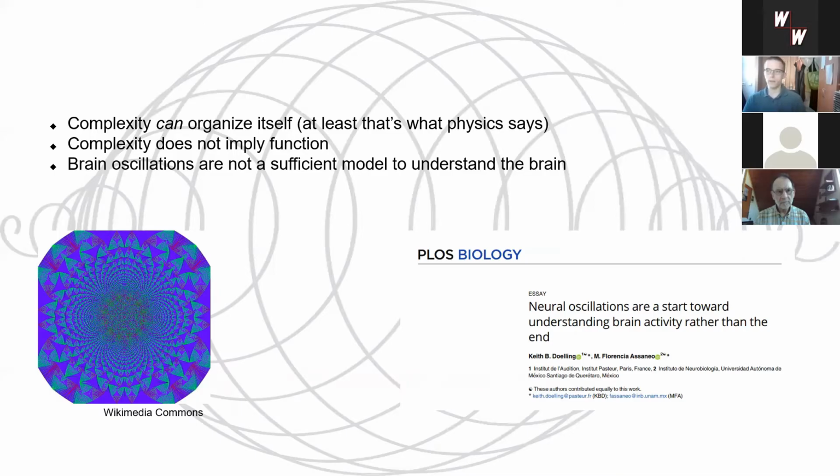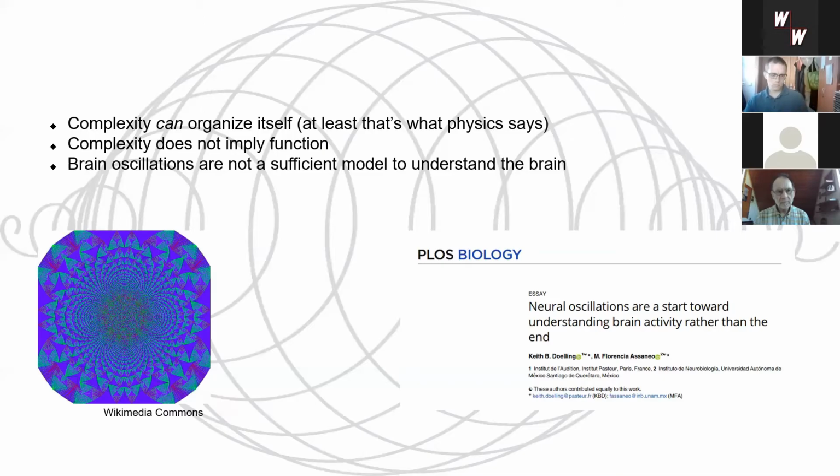When they oscillate and synchronize themselves and organize into critical state dynamics, this is nice, but it is still just math. We have not seen this brain do anything meaningful like language, memory, emotion. So this is, I think, one point that is important to keep in mind. Complexity does not imply function.